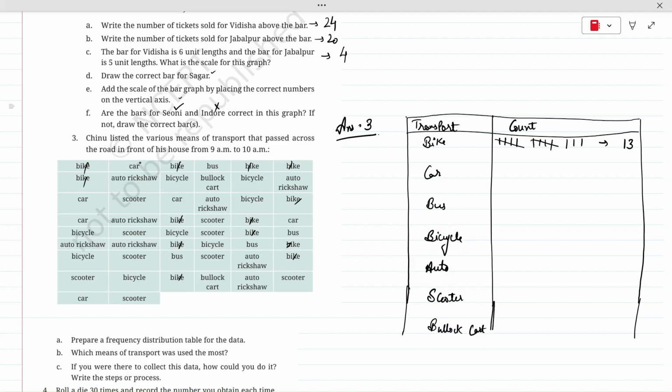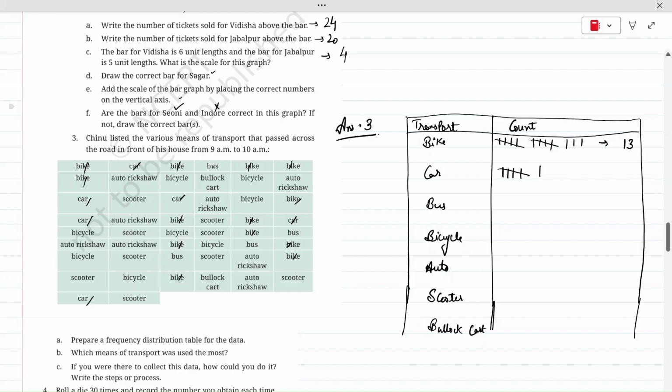Next we have car. So this is 1, 2, 3, 4, 5, and 6.